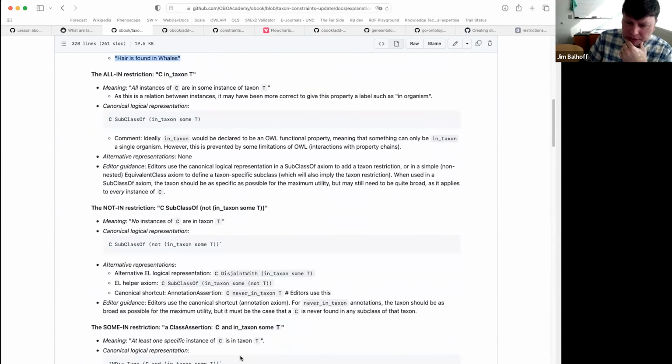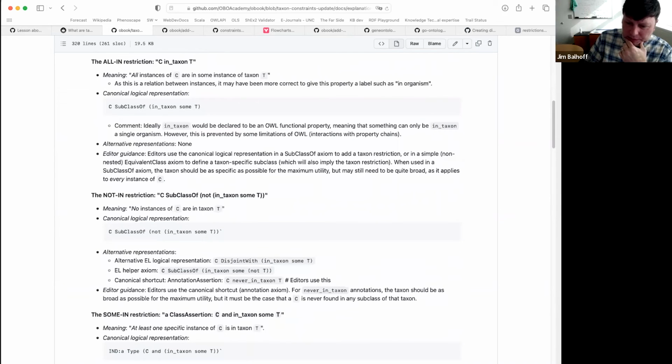If you expanded it into these classes, where you'd have this whale lung, some generated named class, then you queried for everything that's in taxon mammal, you'd get this class like whale lung.